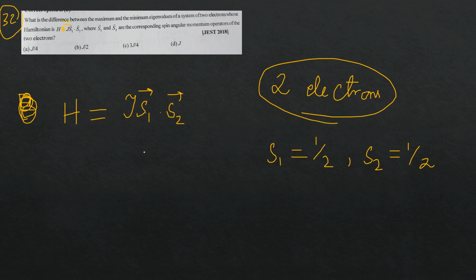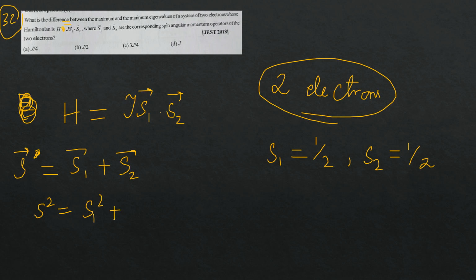Alright, so again same thing. Do you know how much S is? S is S1 plus S2. So S square is S1 square plus S2 square plus 2 S1 dot S2.